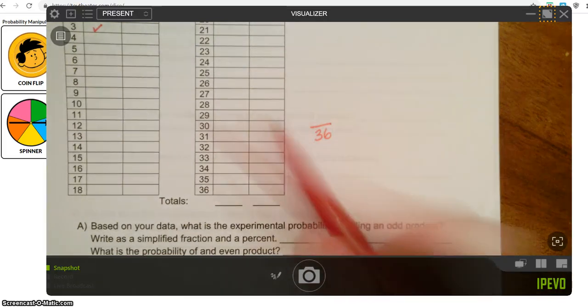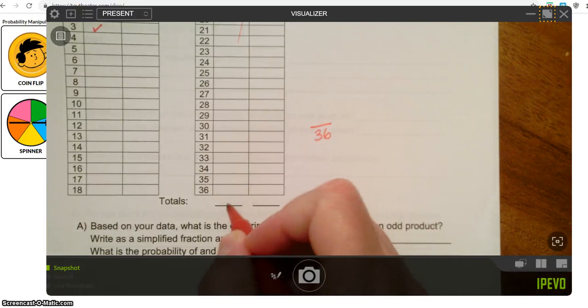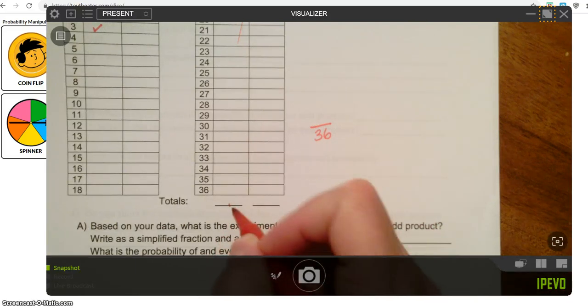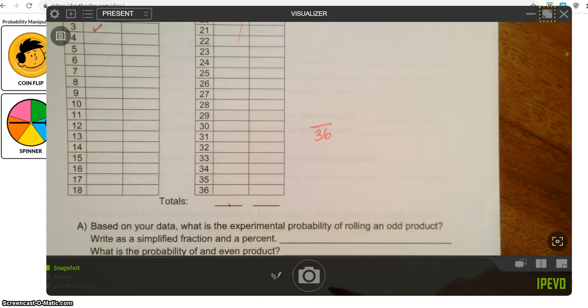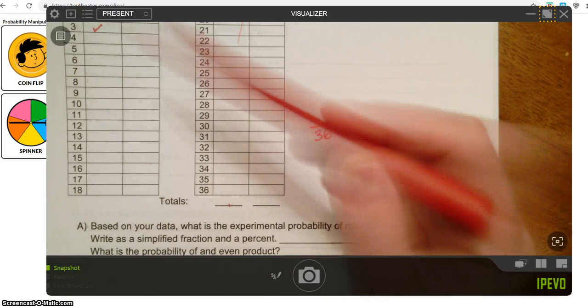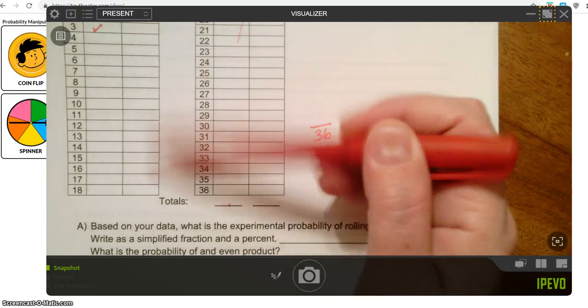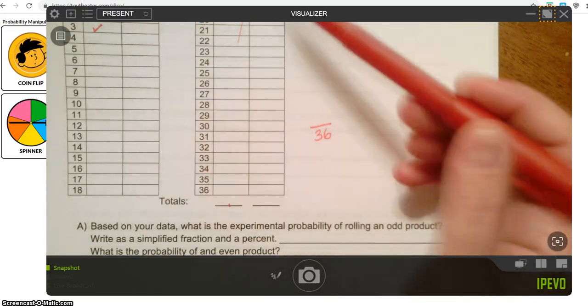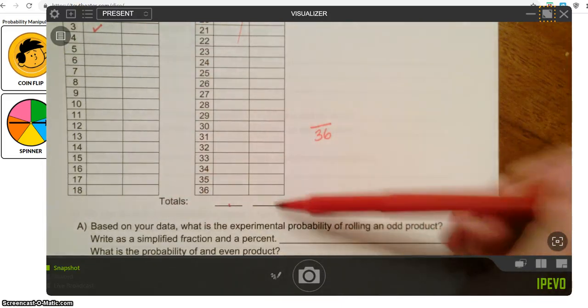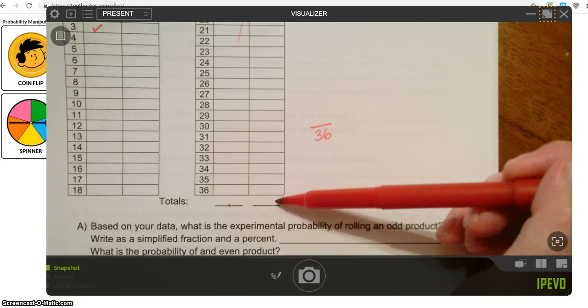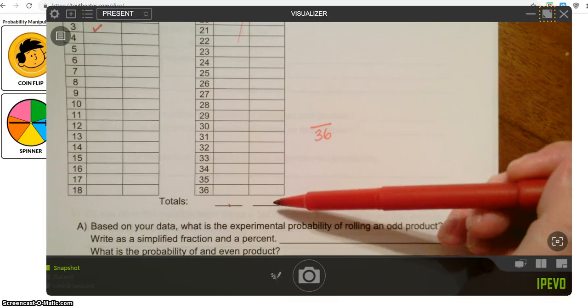Now, you need to go through and add up how many checks you have for even and put it right here. Pause the video. Now add up all the odd checks, how many you have, and write that here. Pause the video.